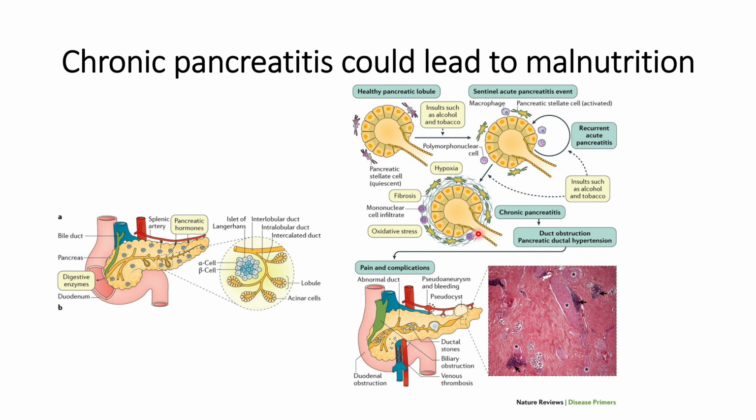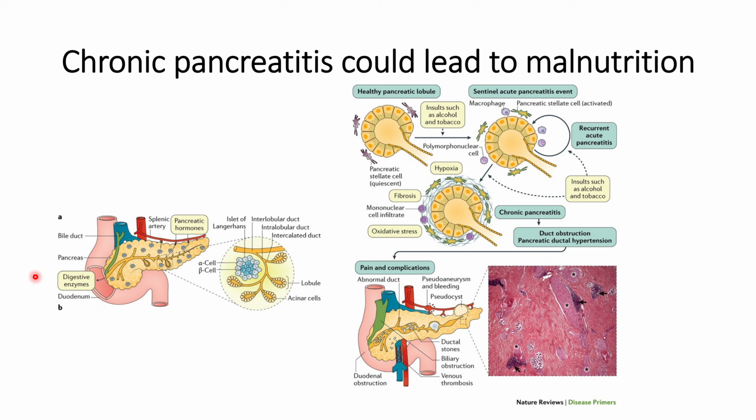What will happen because of this is that the exocrine and endocrine sections will not be able to perform normally, and the digestive enzymes which are secreted by the pancreas and then go through the duct into the intestines, that process will be disrupted.